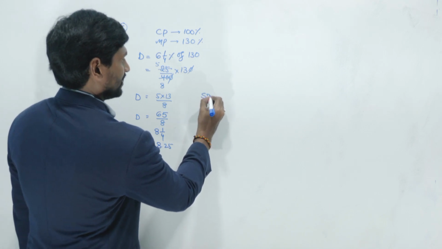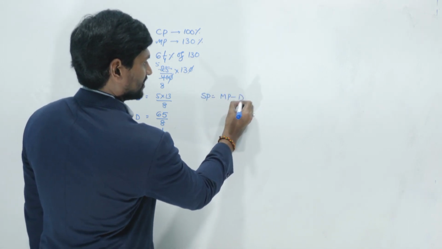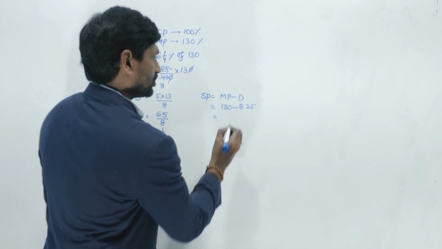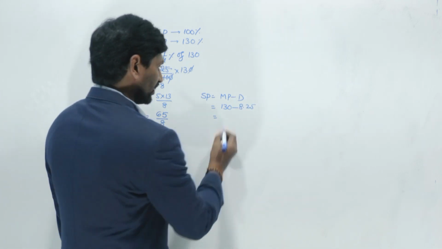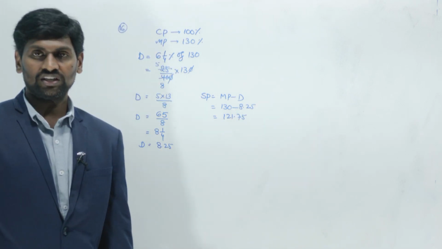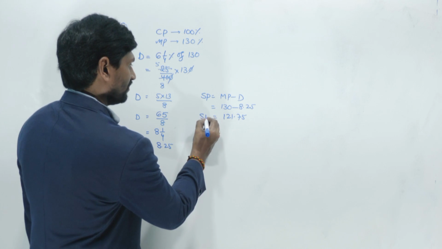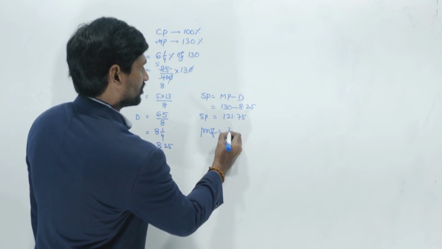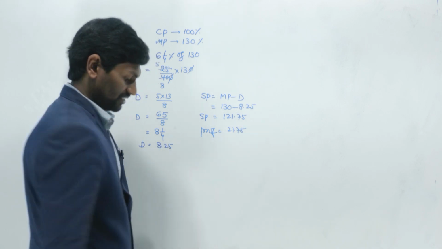So selling price is market price minus discount, that is 130 minus 8.25. 130 minus 8 is 122, so 121.75 rupees. So this is the selling price. So profit equals how much? 21.75 rupees.